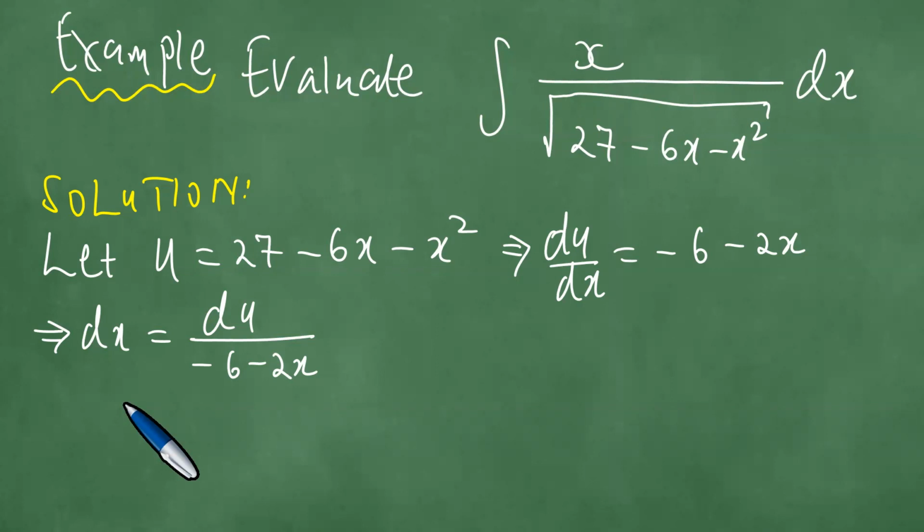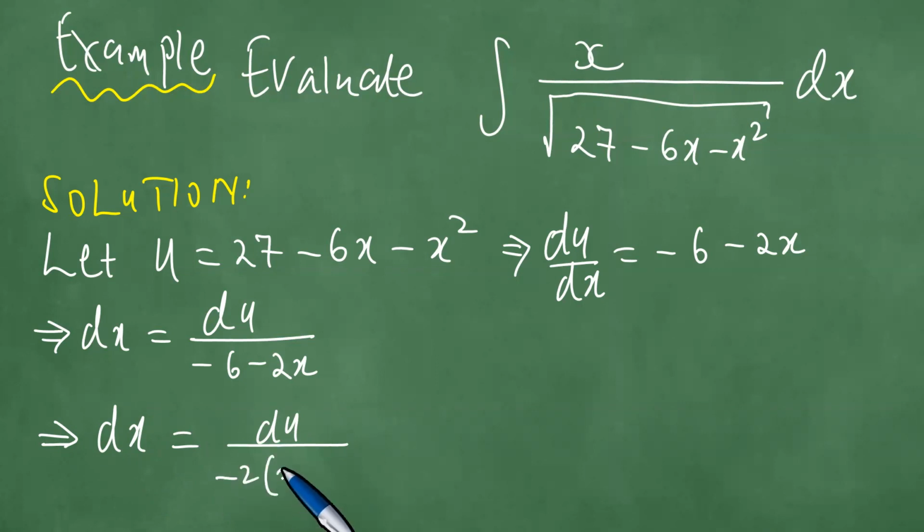A couple of things we need to take into account here, because dx can also be written as du divided by, if you factor out minus 2 here, 3 plus x. Okay, but obviously looking at this, you can see that it doesn't immediately cancel with that. So it means, therefore, we must do something extra. And this is what we're going to do.